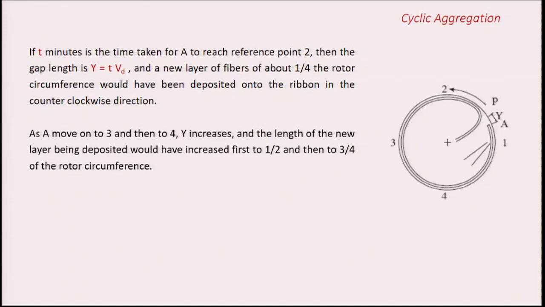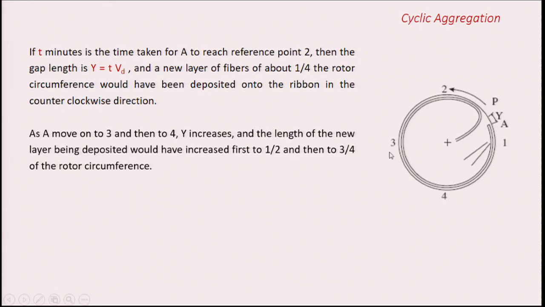That means as it reaches point 2, the new layer also would have been formed behind the peel off point. 1 to 2 is a quarter of a rotation, so nearly a quarter of the circumferential length of new fibers would have been deposited onto the already existing ribbon.